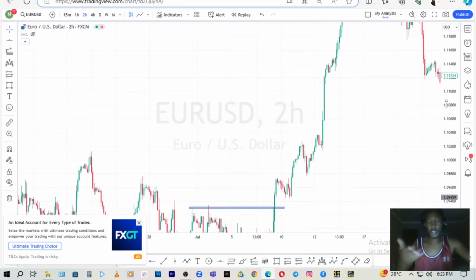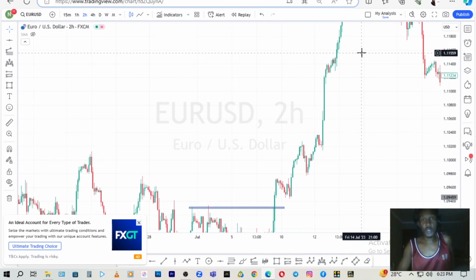So you can use this strategy on everything, on all trading platforms, like synthetics, currencies, the indices, and what else is there? What is this? Crypto. Crypto, you can also use this on crypto.